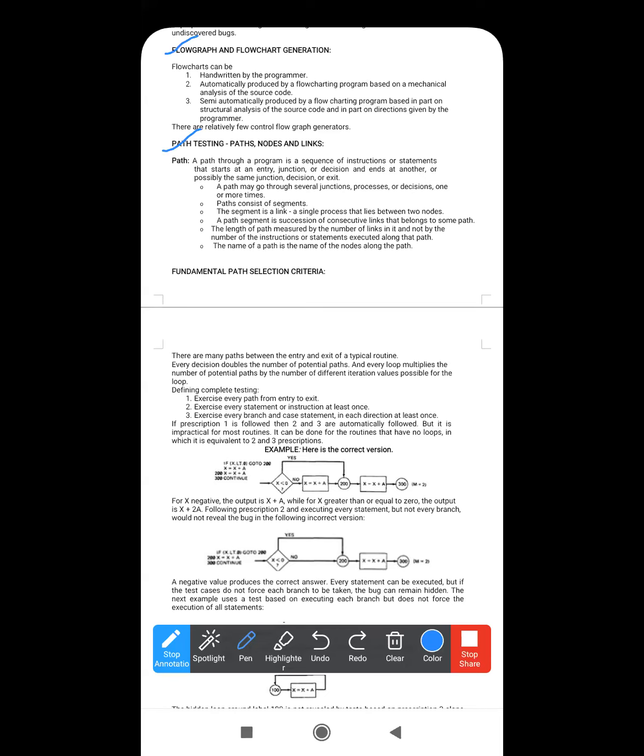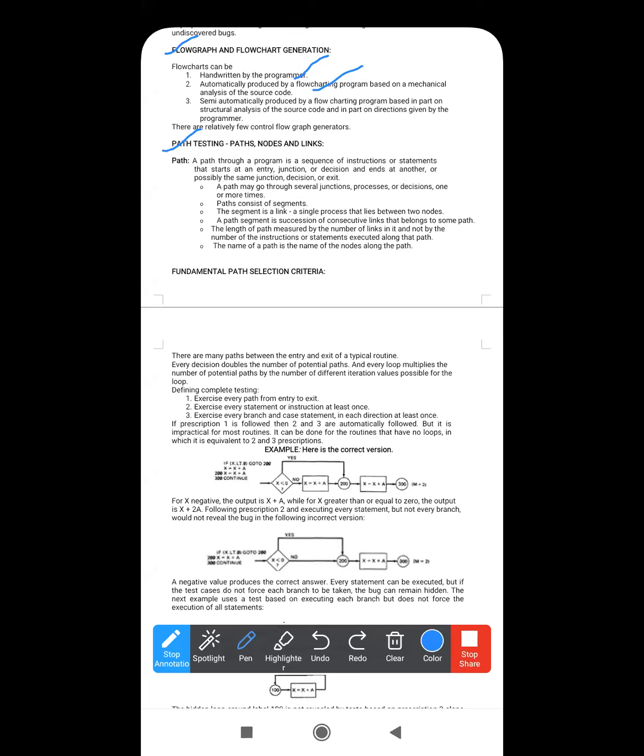For client purposes, we are doing the flow graphs and flow charts or algorithms. That is written by the programmers and automatically produced by the flowchart program based on mechanical analysis of source code.